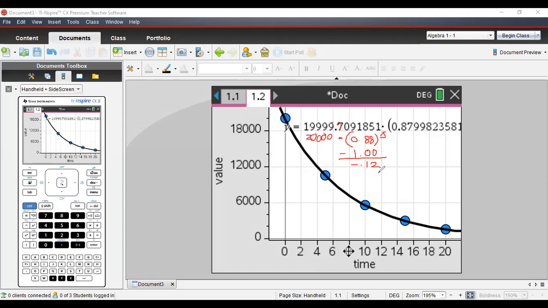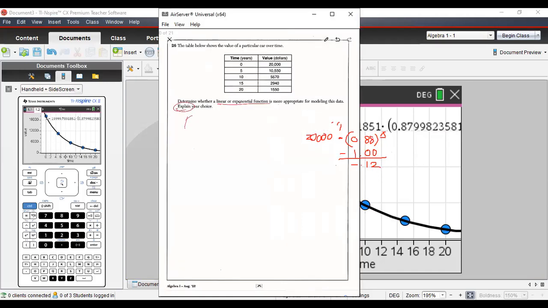Now, you don't have to write all of that when you are explaining it. Here's what we're going to say: exponential. Make sure that's clear.